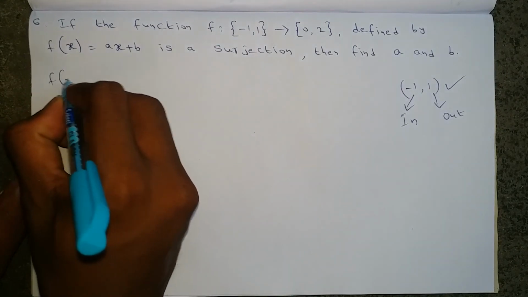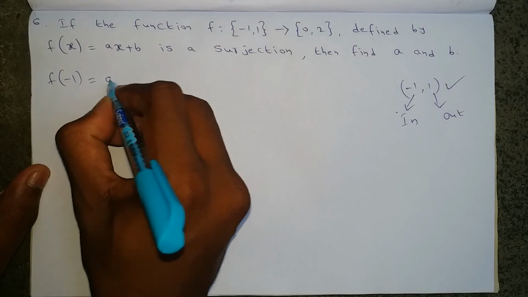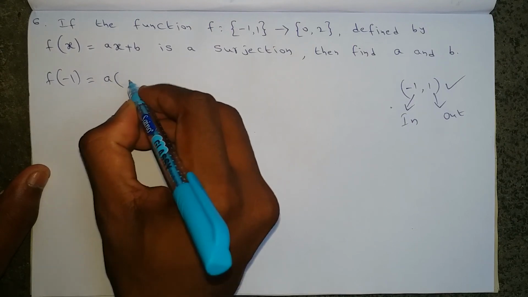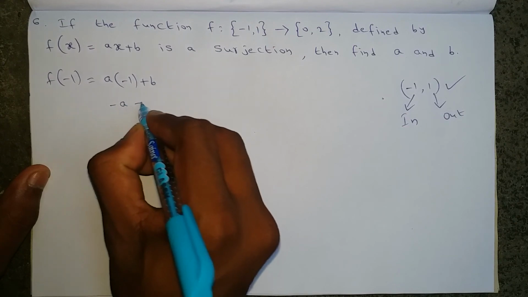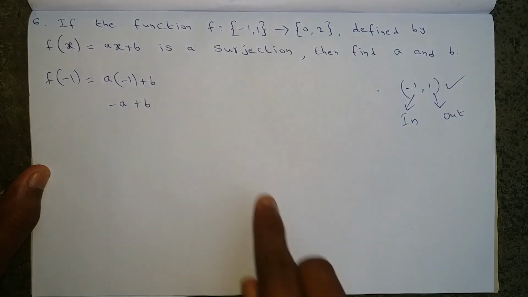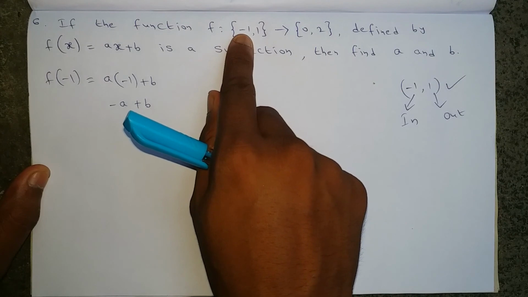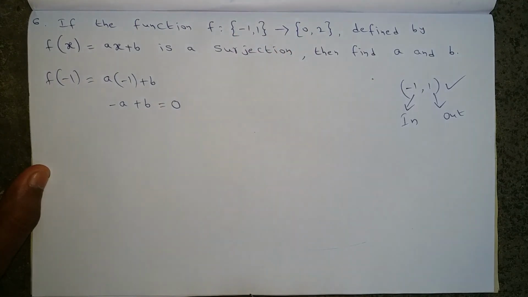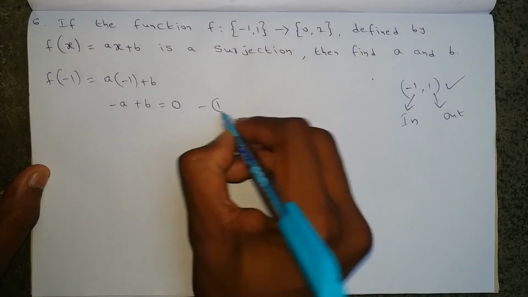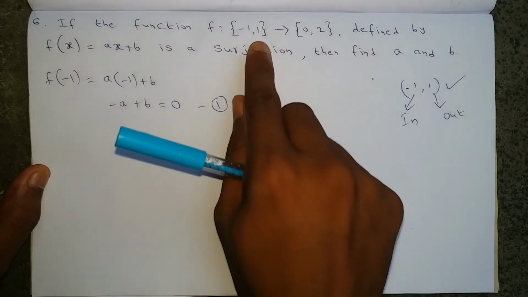So f of minus 1 is equal to a into, in the place of x, minus 1 plus b. A into minus 1 is minus a, plus b. Now when minus 1 is substituted, 0 is the answer. So minus a plus b is equal to 0. This is the first condition.